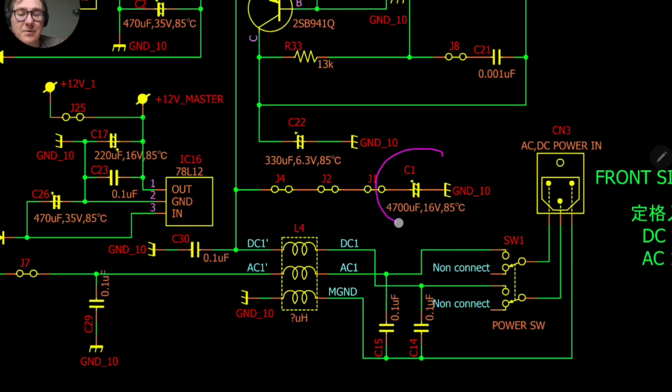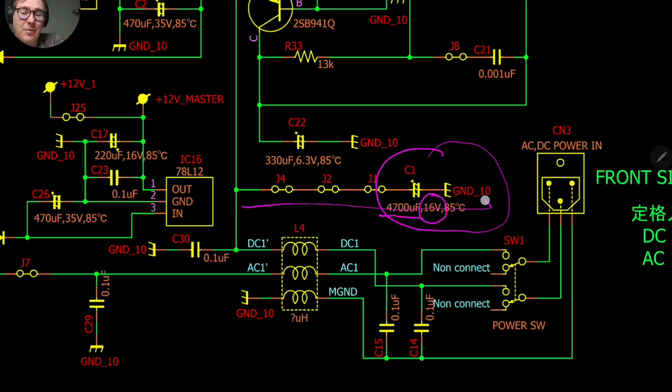This is a very large capacitor, 4700 microfarads, and the rating is good, 16 volts. The DC goes directly through it, and it's a lot of stress on this capacitor.